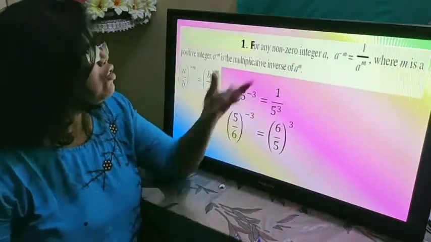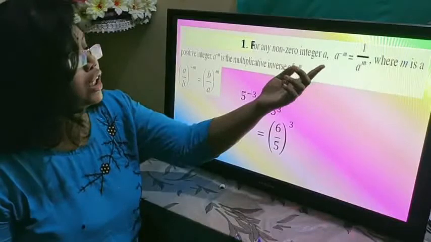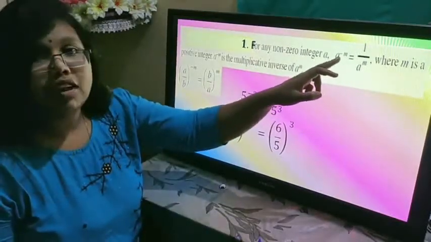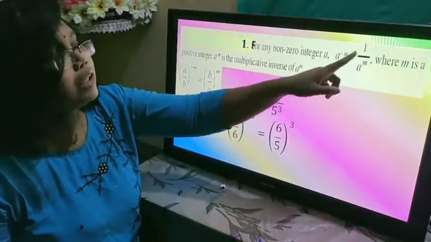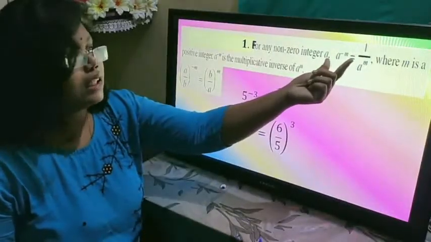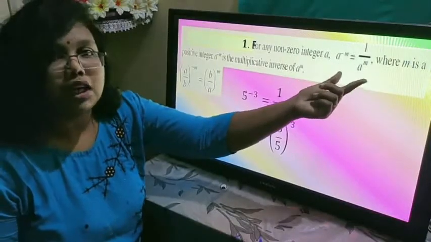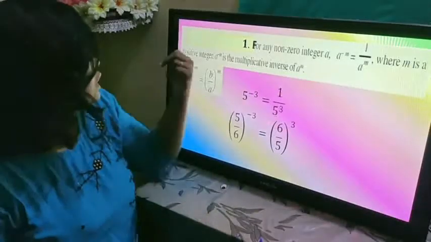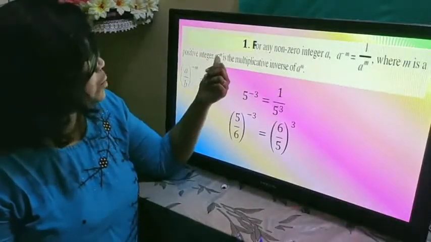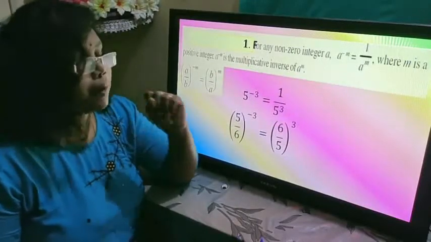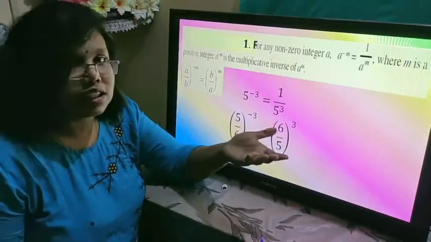Now here we have certain rules. First one, for any non-zero integer a raised to minus n, whenever we have a negative exponent, it means 1 upon a raised to n. That means this base and the index are the denominator with numerator as 1. Where n is a positive integer, a raised to minus n is the multiplicative inverse of a raised to n. Multiplicative inverse, that is reciprocal.